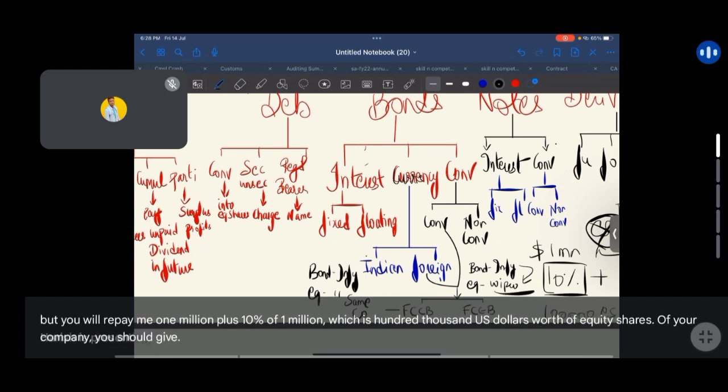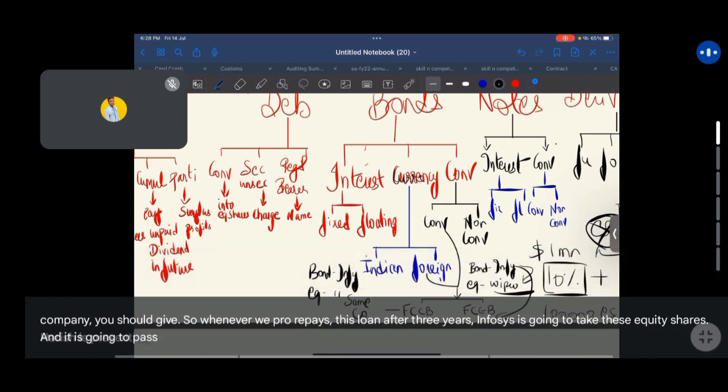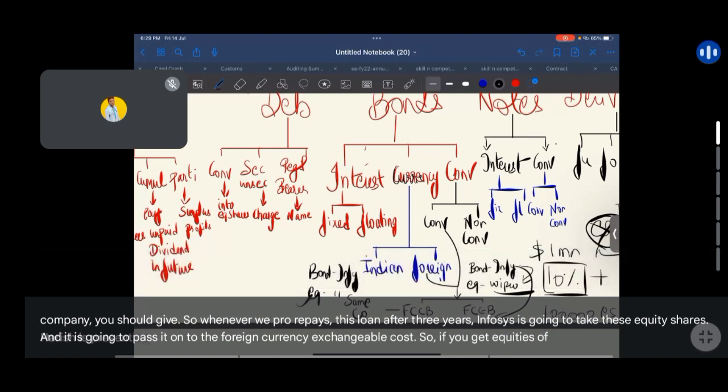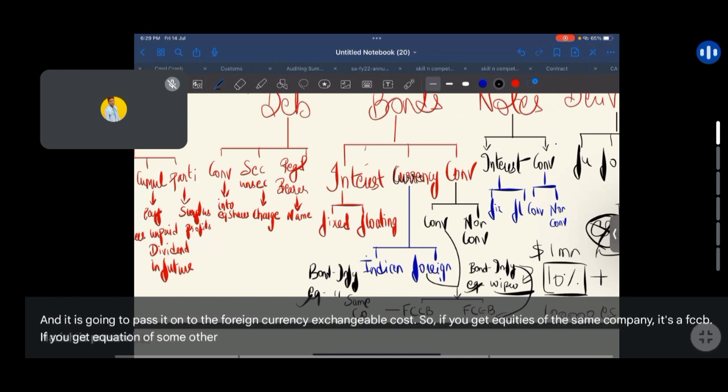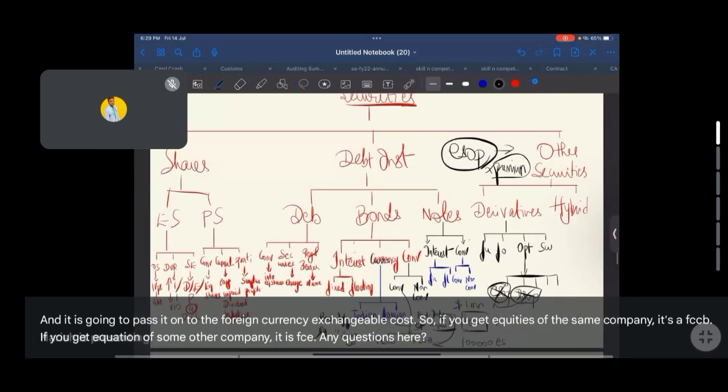So whenever Wipro repays this loan after 3 years, Infosys is going to take these equity shares and pass them on to the foreign currency exchangeable bond holders. So if you get equity shares of the same company, it's an FCCB. If you get equity shares of some other company, it is an FCEB. Any questions here? Okay.